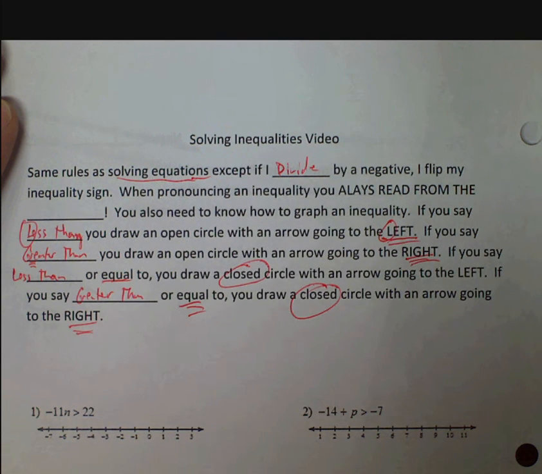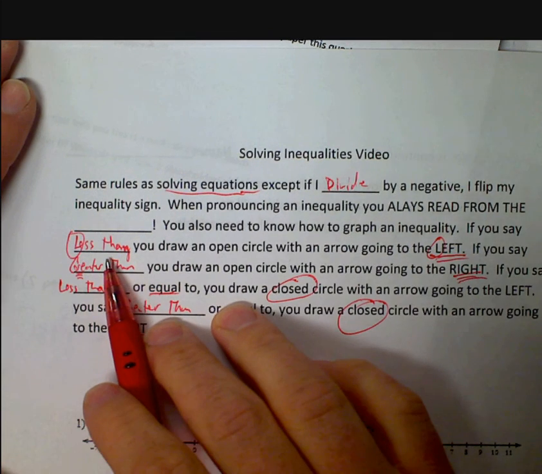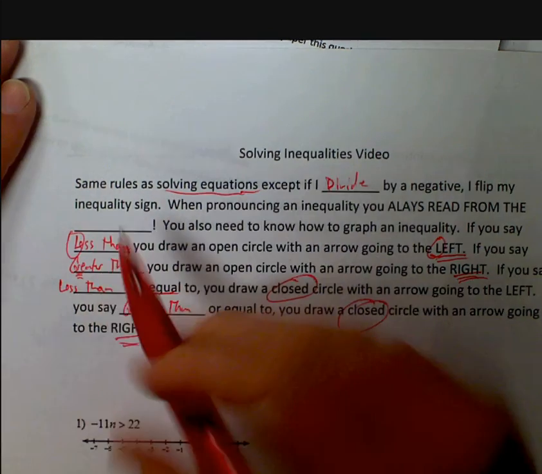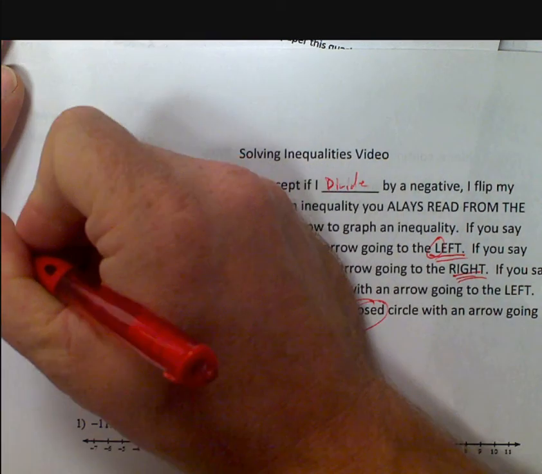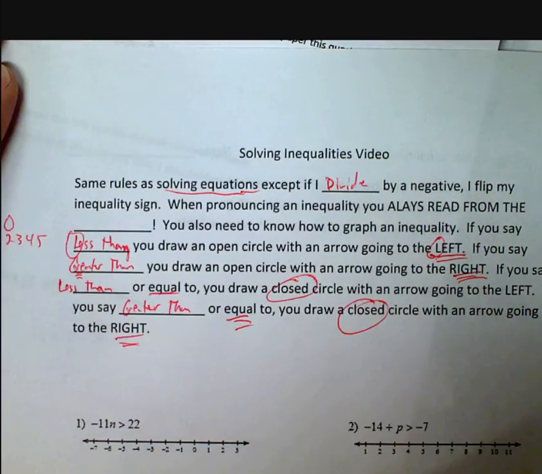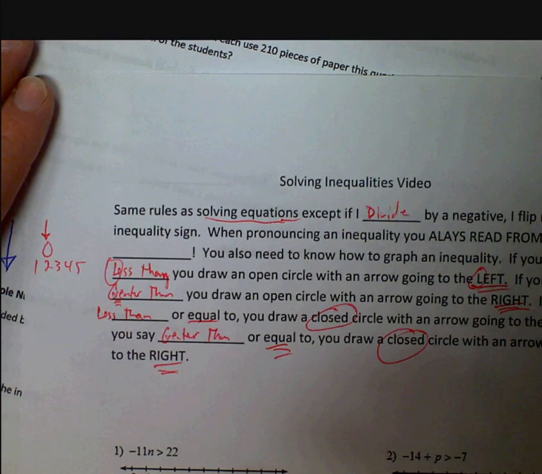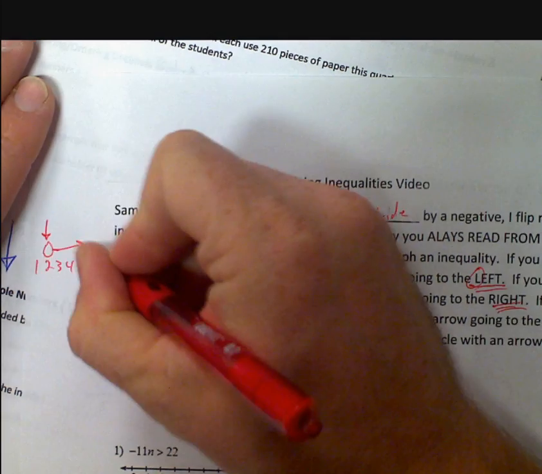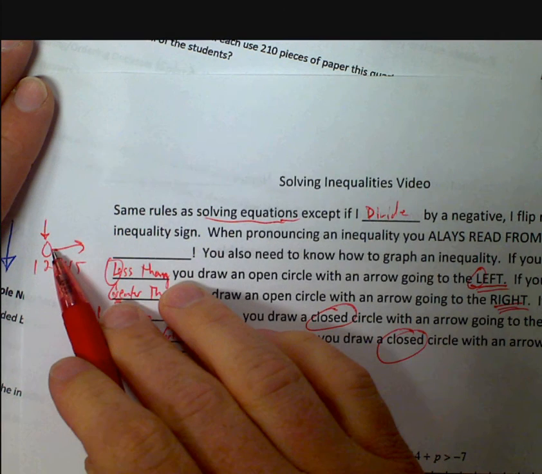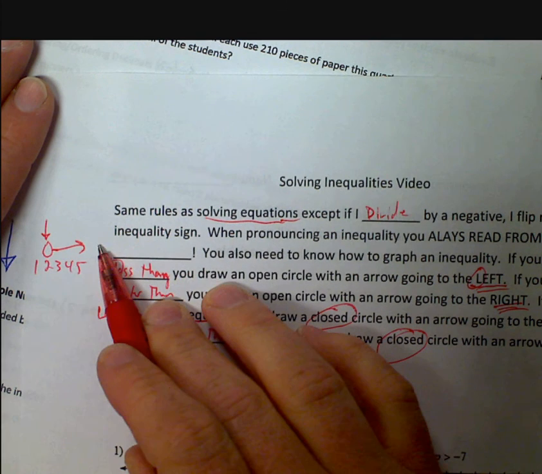Okay? Why does this make sense? Let me tell you real quick. Less than or greater than means it's not equal to the number you found. So if I have 1, 2, 3, 4, 5, and I put an open circle on 2, it means it's not the 2. If I draw an arrow to the right, my answers are not 2, but anything to the right of 2.